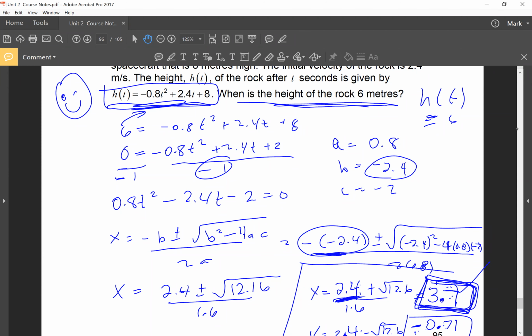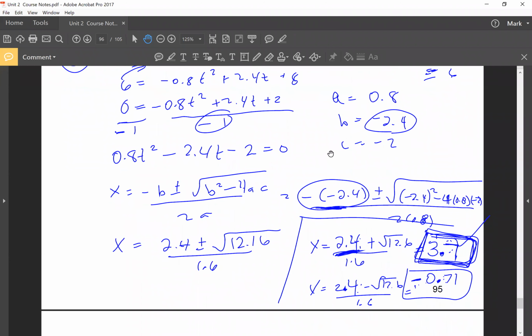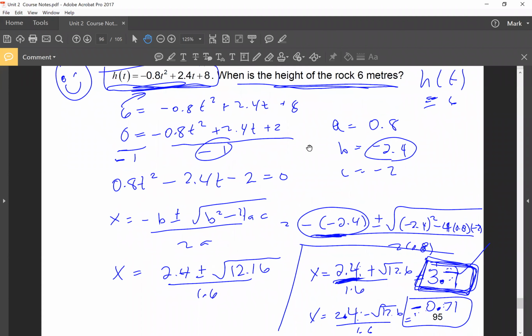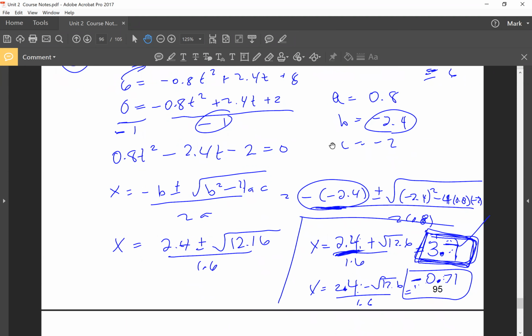Plus square root of negative 2.4 squared, minus 4 multiplied by 0.4 multiplied by negative 2, over 2 multiplied by 0.8. Yep. We have the same thing. 3 plus square root of 19 over 2.